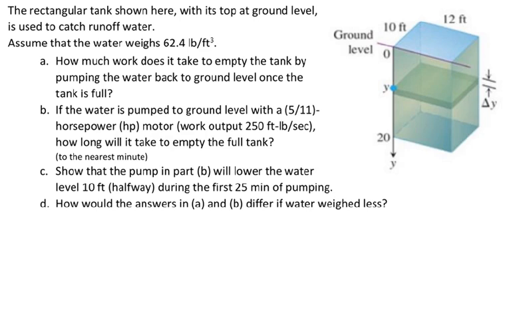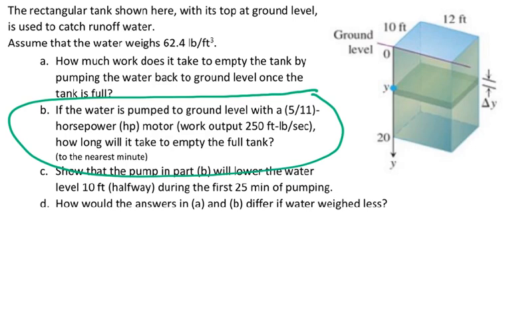So for part B, if the water is pumped to ground level with a 5/11 horsepower motor and has work output of 250 foot-pounds per second, how long will it take to empty the tank? So in this situation, what we know is that time is equal to work divided by the work output.